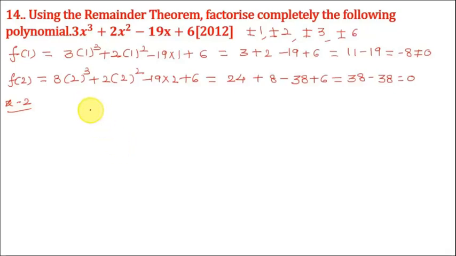Now we'll find out the second factor by synthetic division. Again, the given polynomial is in decreasing order, that is powers 3, 2, 1 and constant.